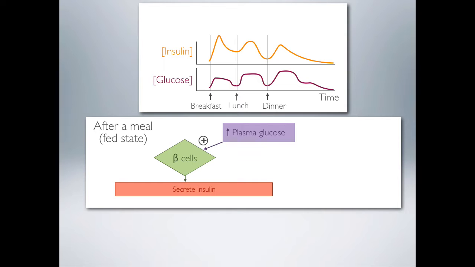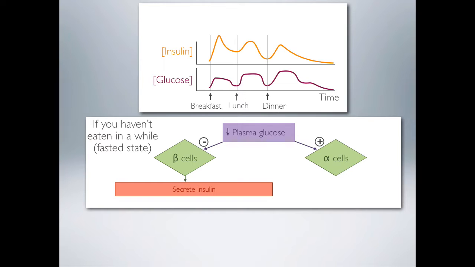I mentioned how the beta cells are excited by high plasma glucose concentrations, and in response to that excitation, they secrete insulin. On the other hand, if you haven't eaten in a while, the beta cells reduce their activity and their secretion of insulin, whereas the alpha cells are very excited by that situation, and in response, they secrete glucagon.